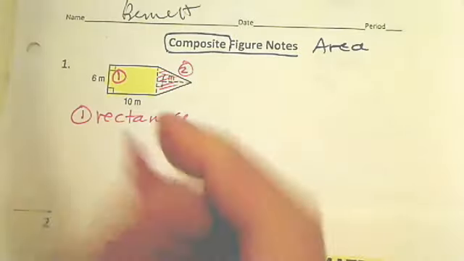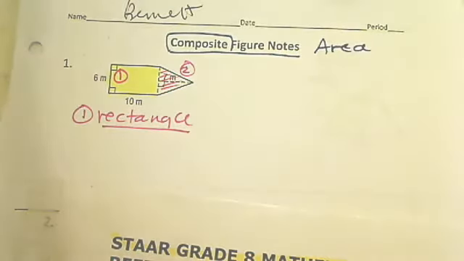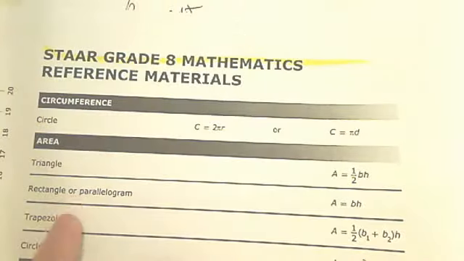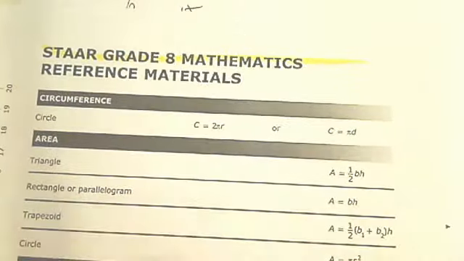A rectangle on your chart, you will know it either as base times height or length times width. It doesn't matter which one you use. I'm going to use area is length times the width. The length, how long? The width, how wide? The long by the wide.